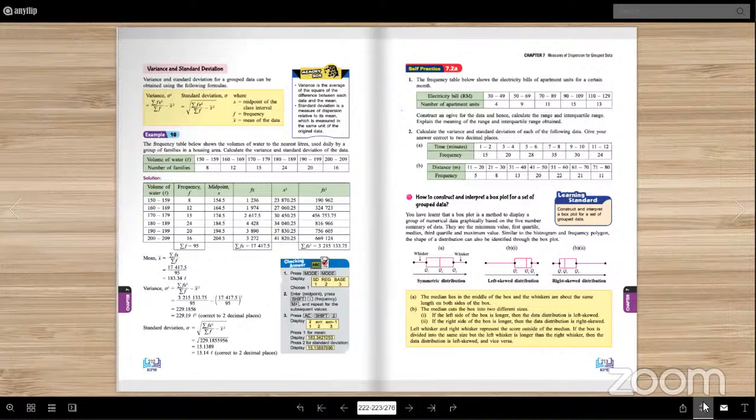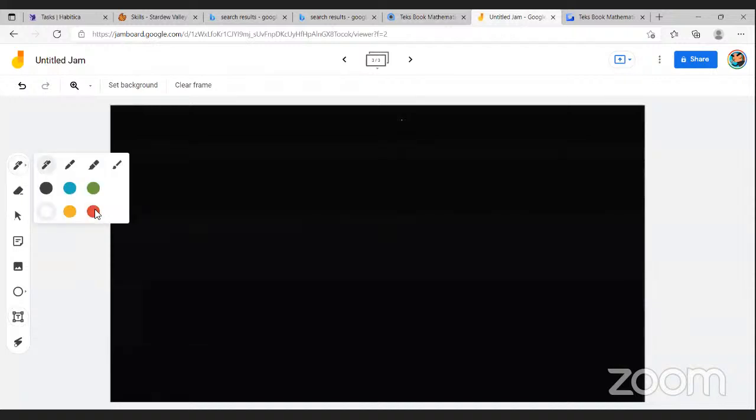But an interquartile range refers to, let's say, for example, we have a group of students.